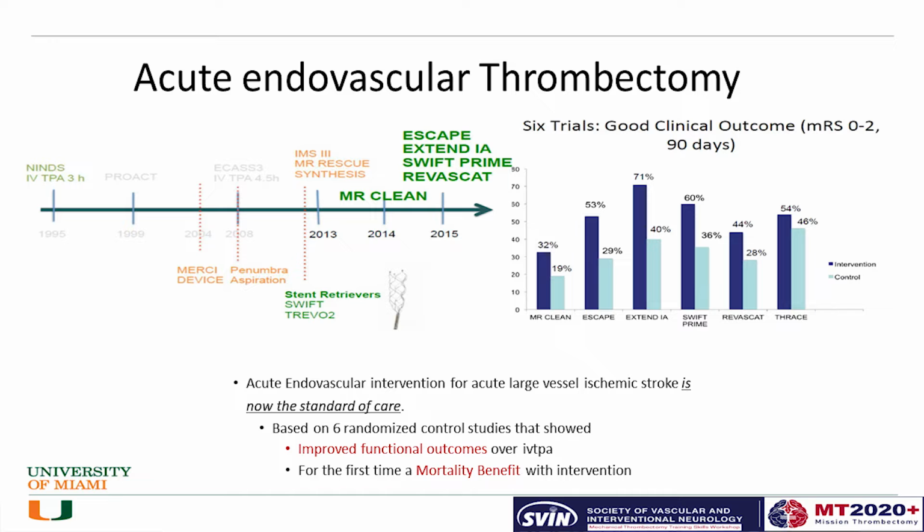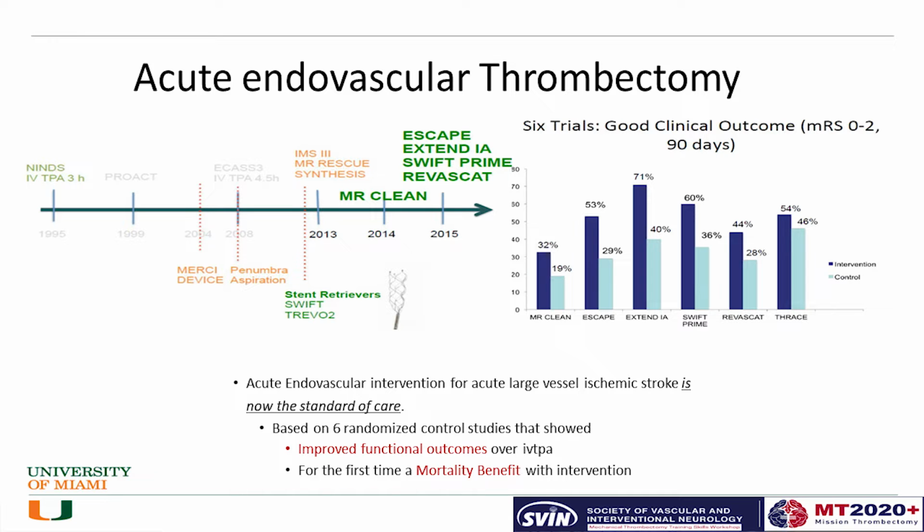remove clots? Now, our first attempt at doing that was in about 2012. At that time, we participated in the IMS3, MR RESCUE, and SYNTHESIS trials, looking at trying to remove the clot. While those trials were not positive trials, they did give us pertinent information about patient selection and really helped us with the next generation of stents.